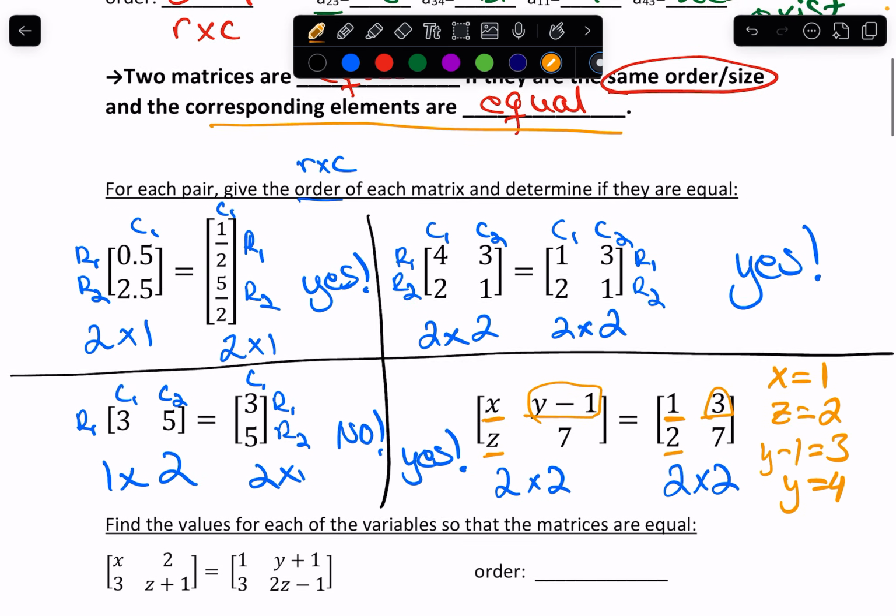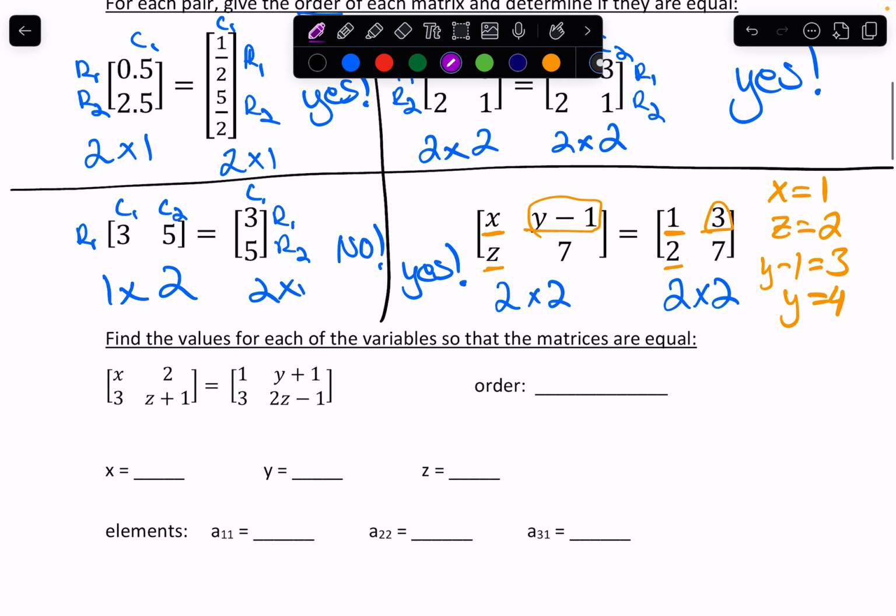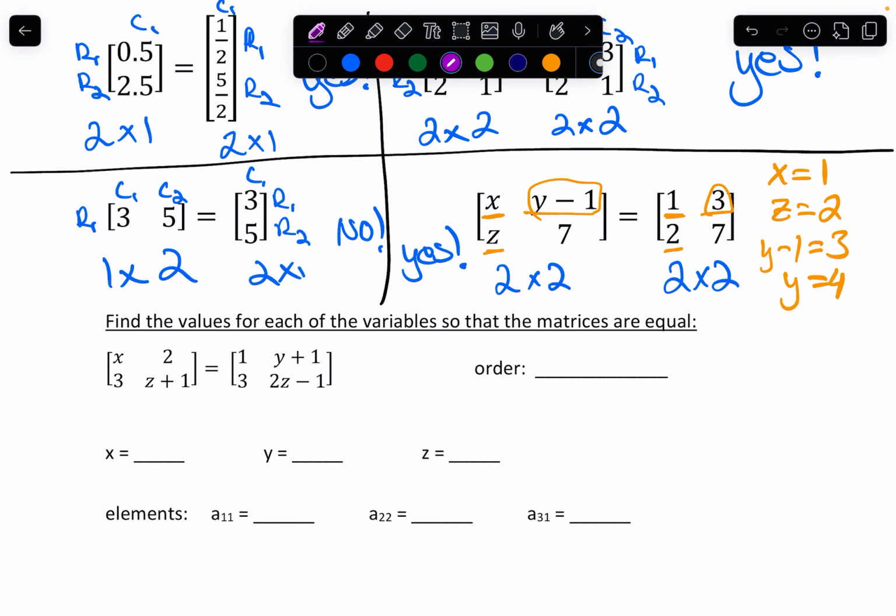Okay, next, find the values for each of the variables so that the matrices are equal. First, we need to double check that the order is the same. So if we look at the left and the right, both of them are 2 by 2 matrices. So the corresponding elements are going to be equal.